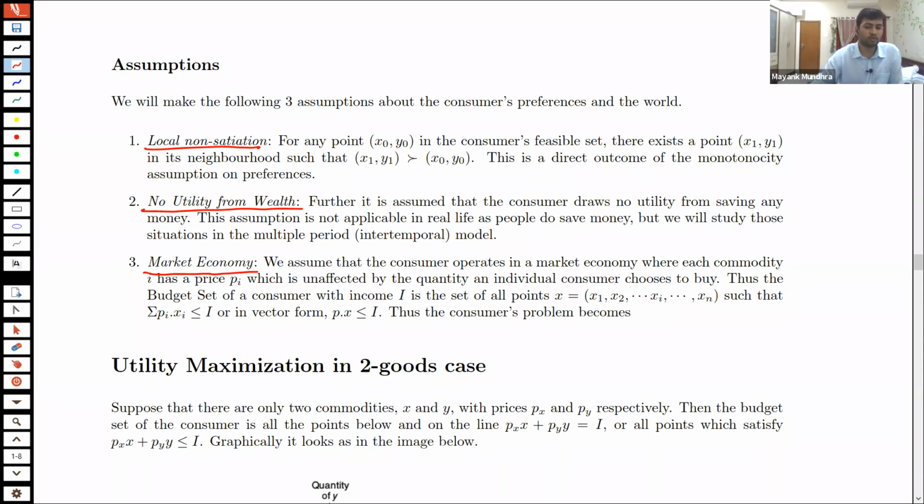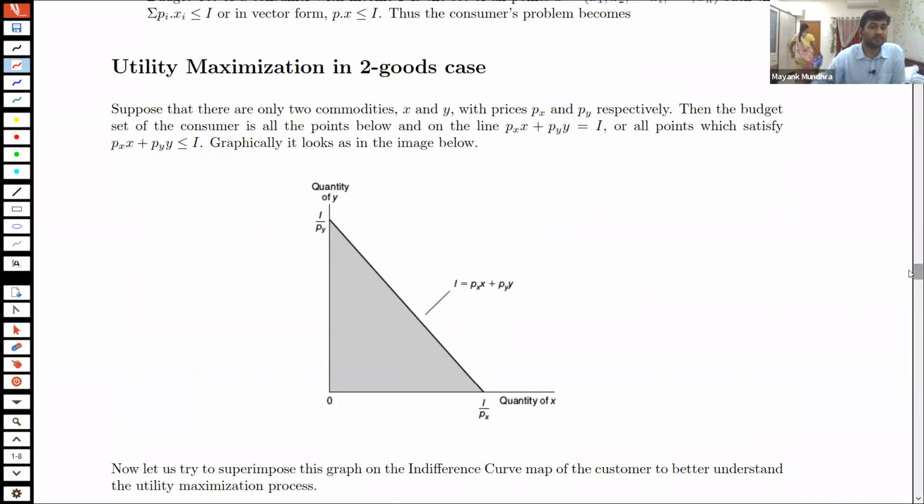So that's the idea. So where does his consumption stop? That becomes the question. If more is always preferred, then you would keep consuming more and more without any stop. So the stop comes from the budget constraint.